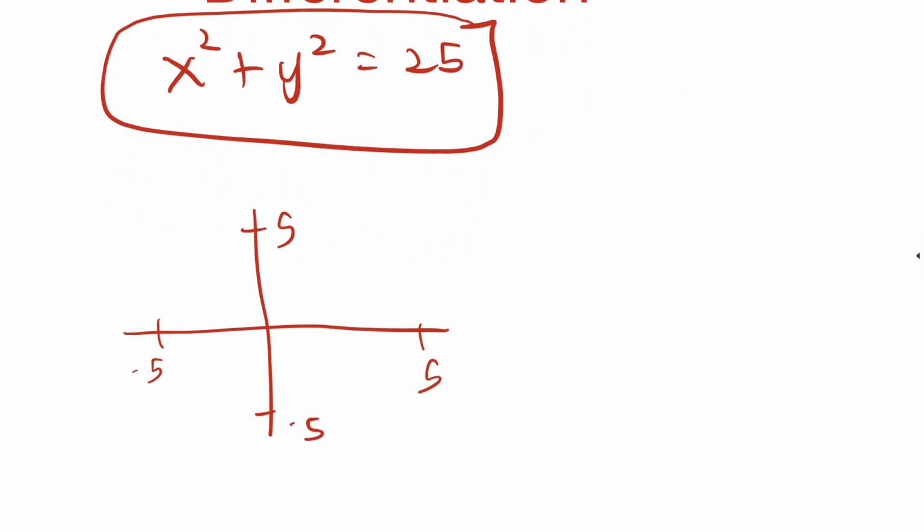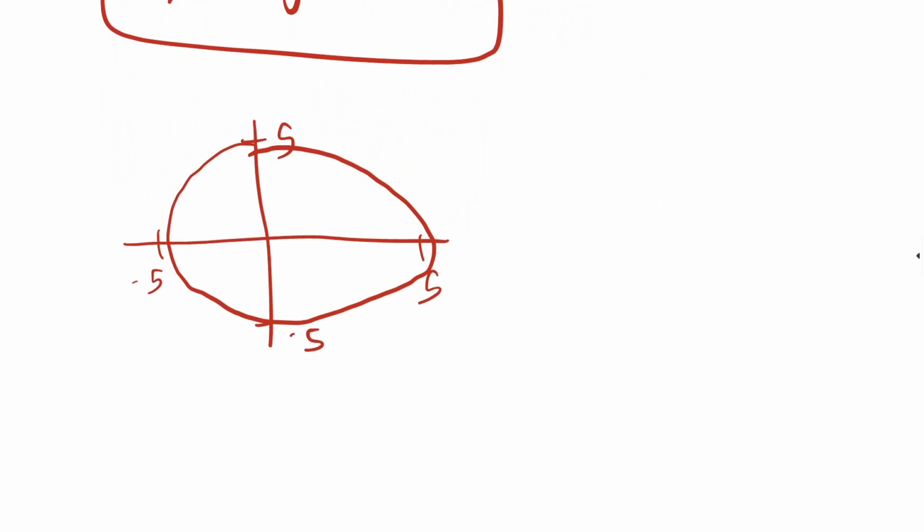So actually, let's just do this. Yeah, it's a pretty terrible circle, so I'm going to redraw this. Something like that, okay? You get the gist of what this is. Okay, there we go. So it's a circle.